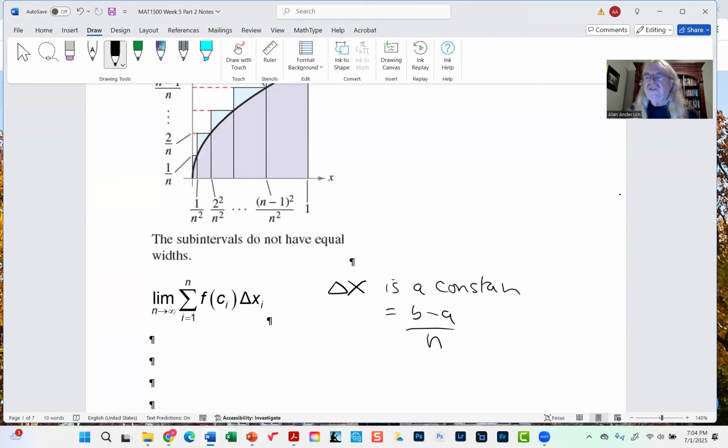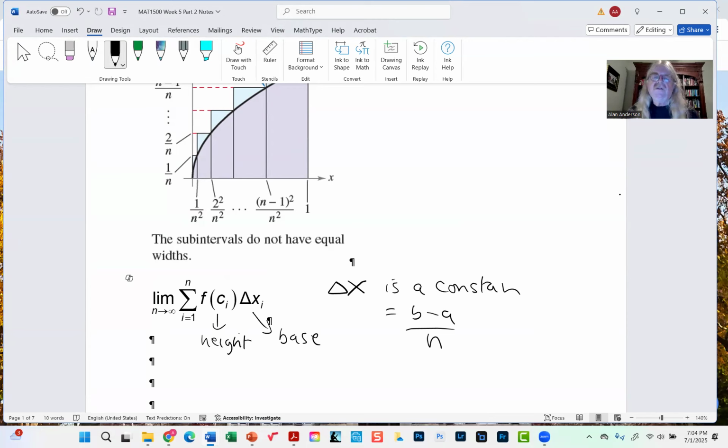So n is the number of rectangles that we choose to have under the curve. To calculate the areas of these rectangles, we need the height, which is the height of each rectangle, and this is the base. We multiply them together, add them up, and there is a result.